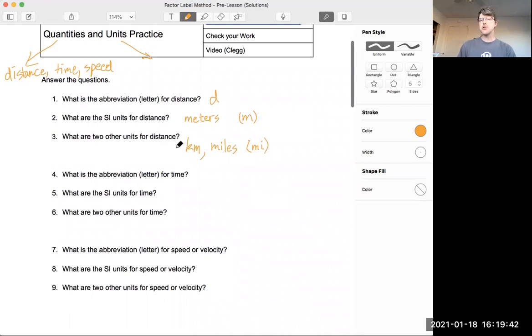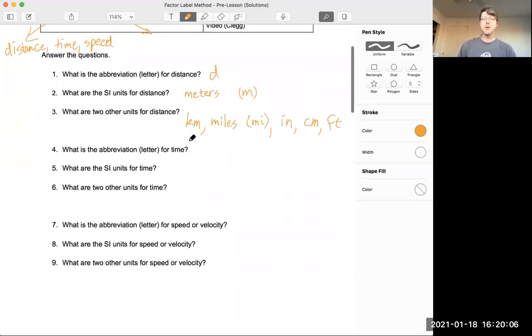You could have, I said two, but I'll give you a few more. Inches, centimeters, these are all distance units, right? And so on. So you could go on and on. Yards, feet, there's so many different units. And in this class, we're mostly going to use meters. We might use centimeters somewhat, or kilometers.